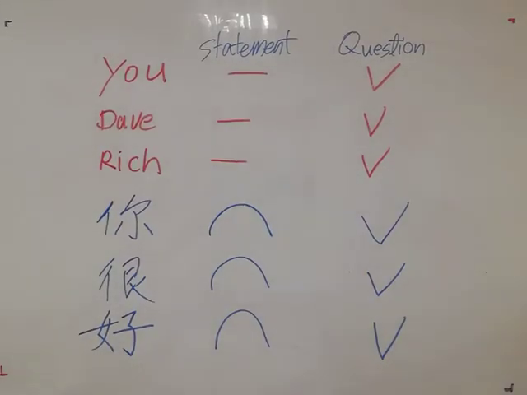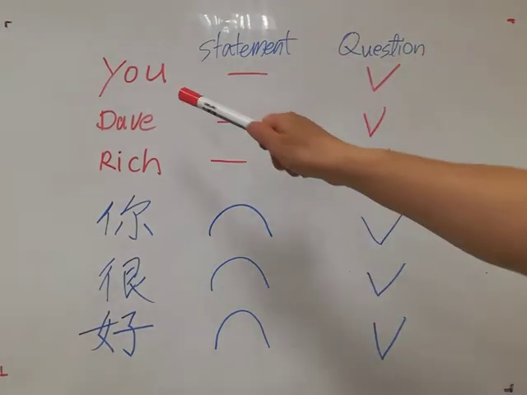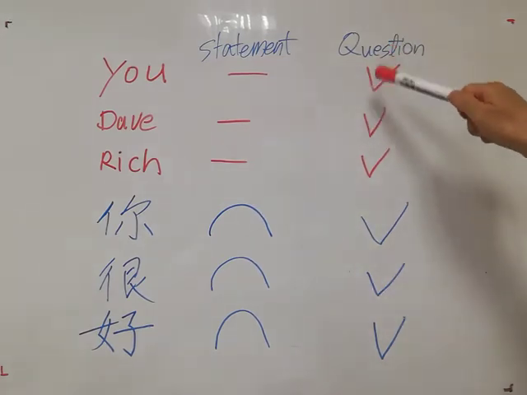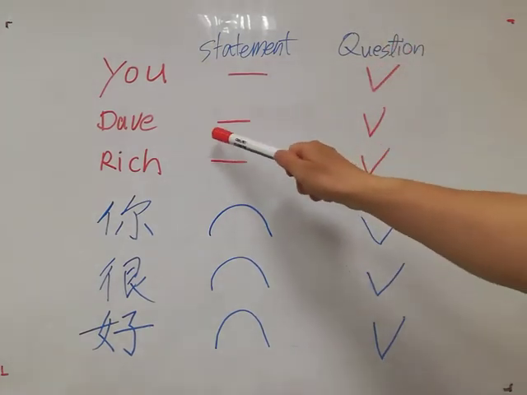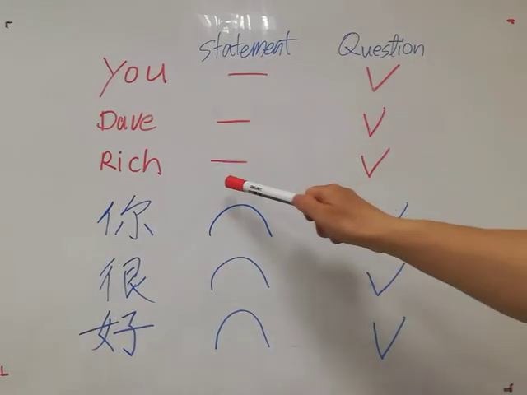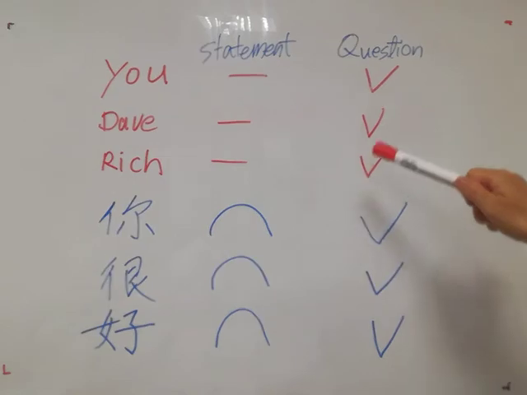In English, we have tones like statement tone and question tone, like you, and question you, Dave, and question Dave, rich is rich.